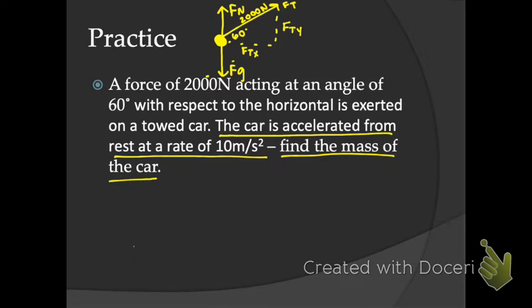Is the acceleration we're talking about here horizontal or vertical? Horizontal, right? A towed car is pulled, but it moves horizontally, right? So we're dealing with X values here, which means we're really only concerned about what's happening in the X direction.